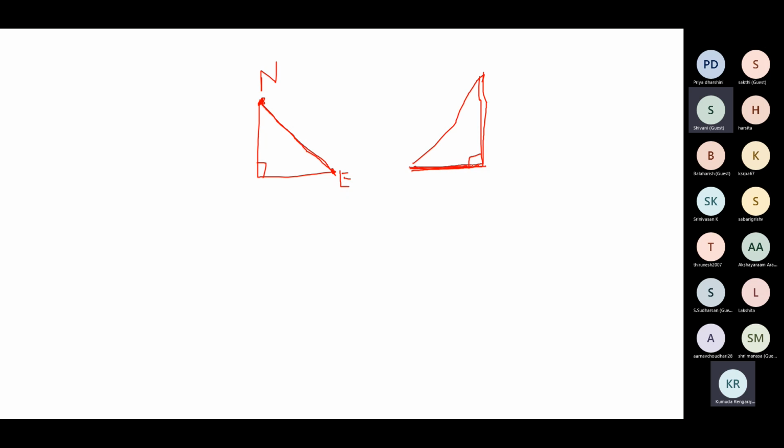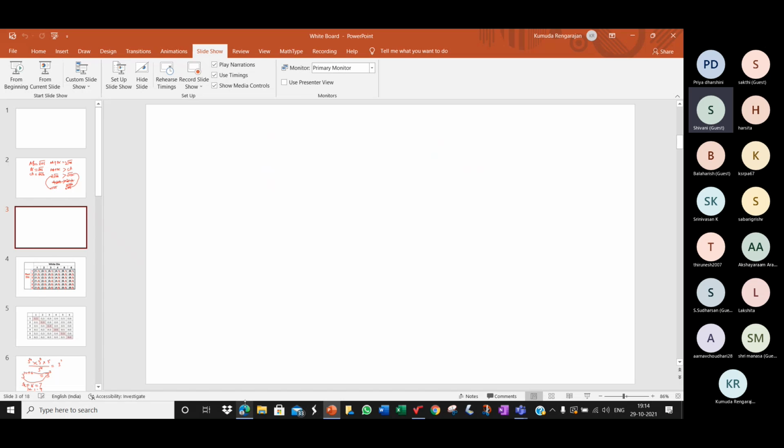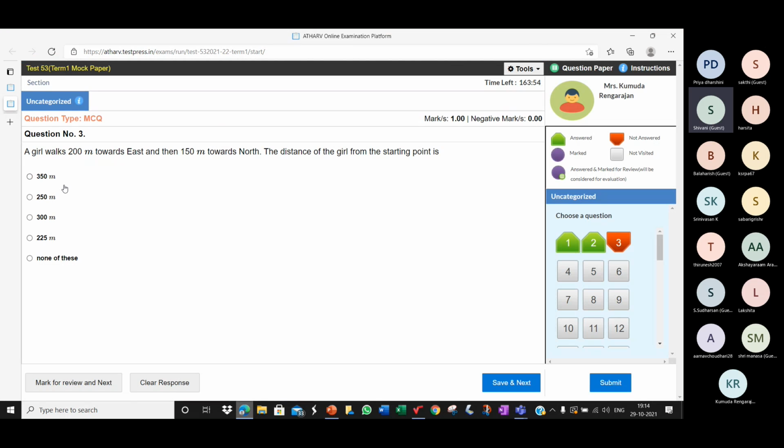This is the starting point and this is the end point. And this is the distance between the start and the end point, which is the length of the hypotenuse. So somebody said 250, is that right? Yes, ma'am. All right.